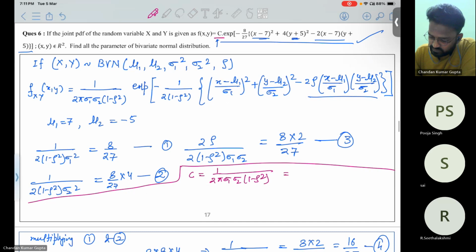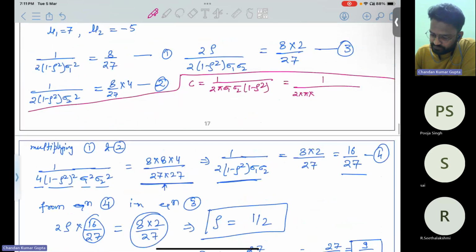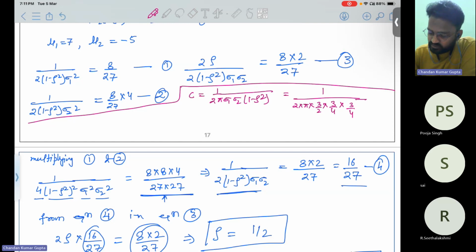So 1 upon 2 into pi into sigma 1, which is 3 by 2, sigma 2 is 3 by 4, and 1 minus rho square is 0.75. The root of 3 by 4 is root 3 by 2.